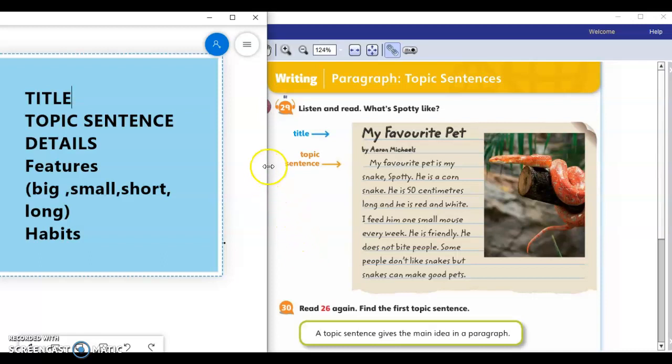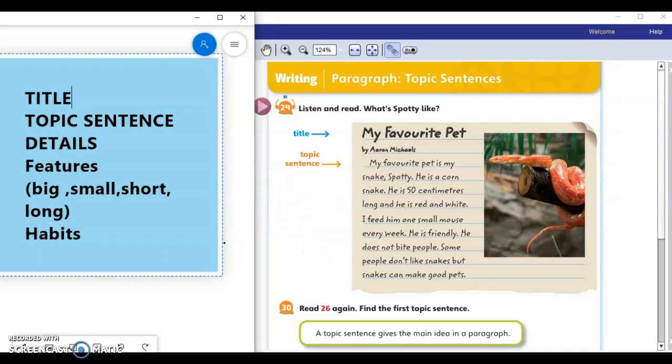And I want you to take a look at the picture. Well, you can see that this is a paragraph that a child, a student has written, and he's writing about his favorite pet. So take a look at the picture. What's his favorite pet? It's a snake.